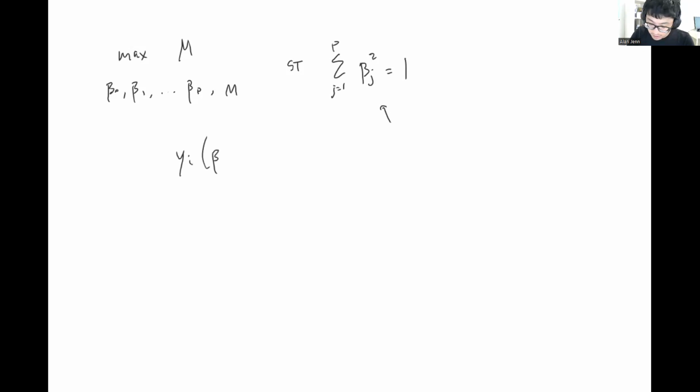Maximize M by changing our beta parameters, such that the sum, so you're constrained by this equation. The whole idea is something like this.